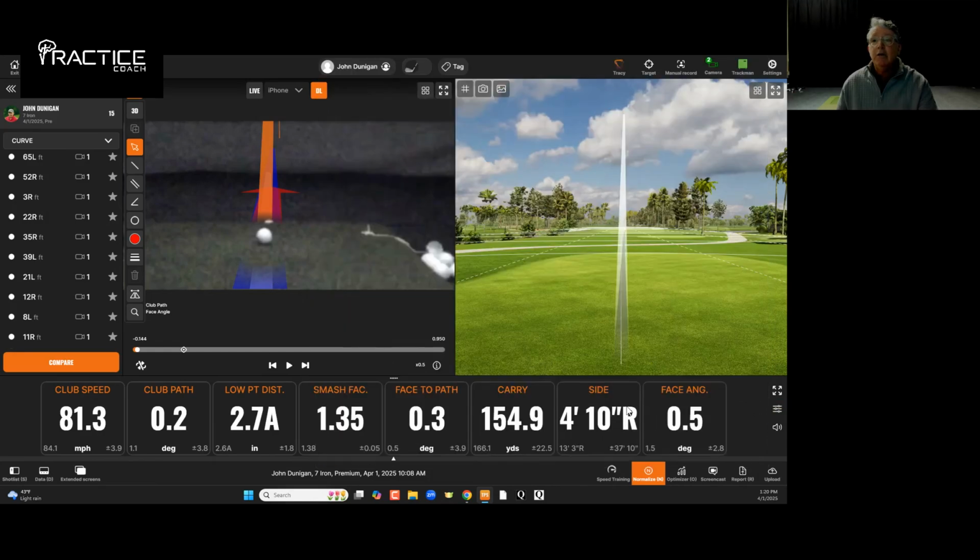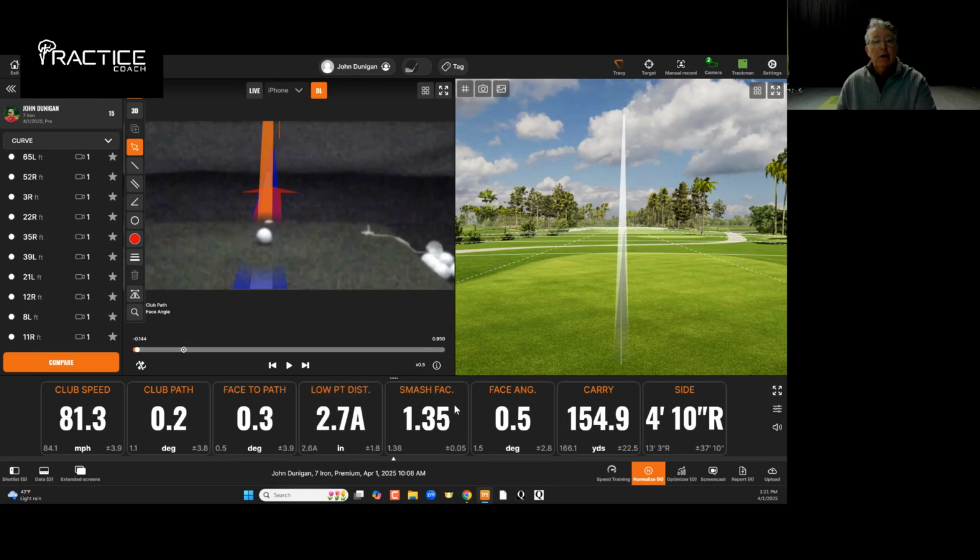And here's the deal. The club face relative to the club path is going to have the most to do with whether your ball curves or not. Okay. In this case, the club path was 0. The face was 0. Close enough for Jazz, right?